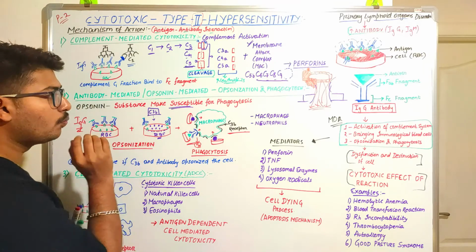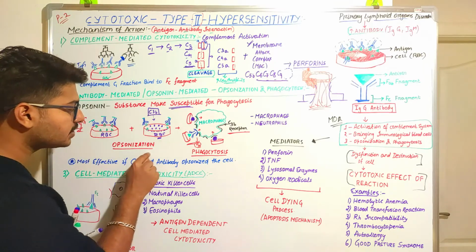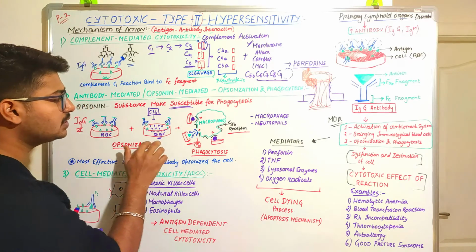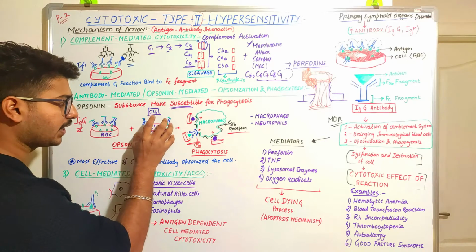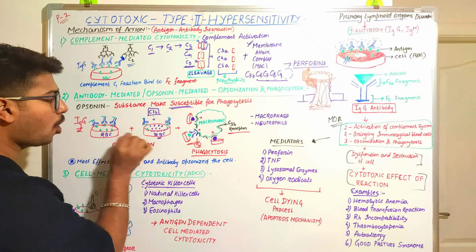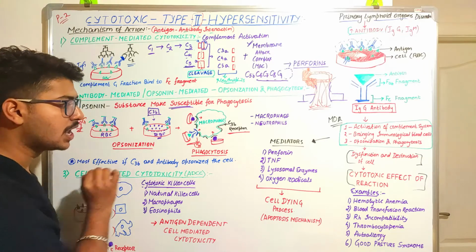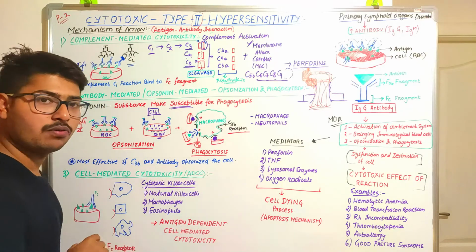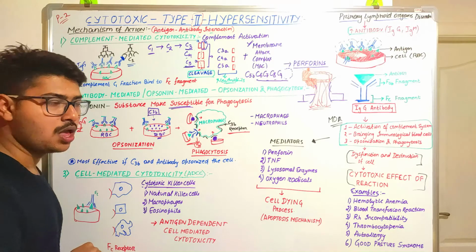So now we understand that opsonization will be associated with these complement factors through these two opsonin conditions, and then finally the macrophage will come and perform the process of phagocytosis.